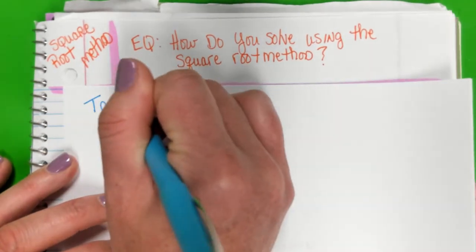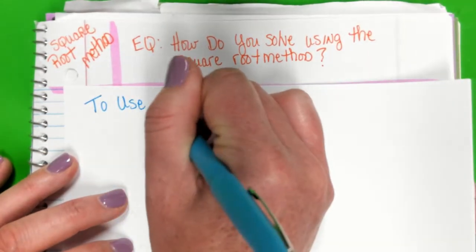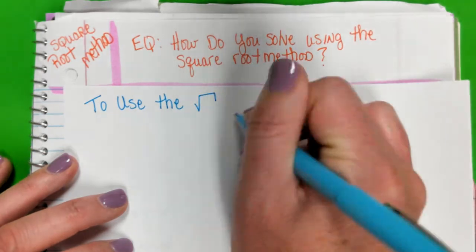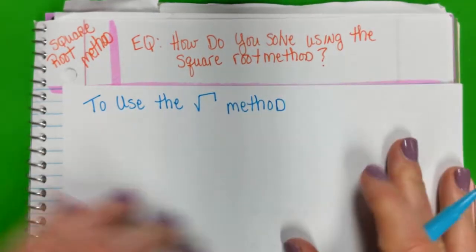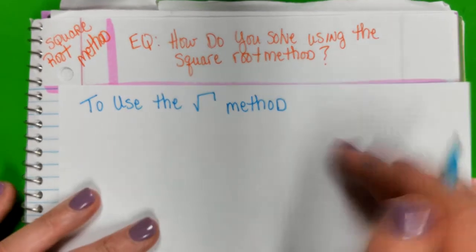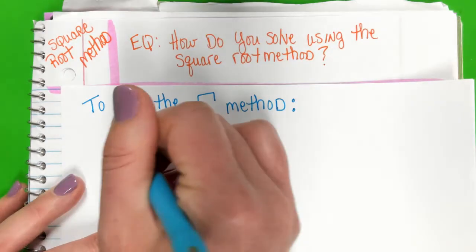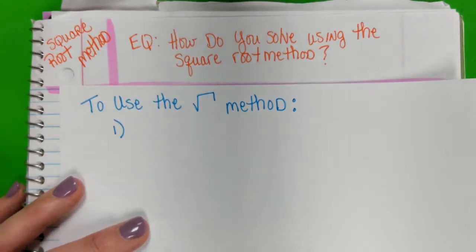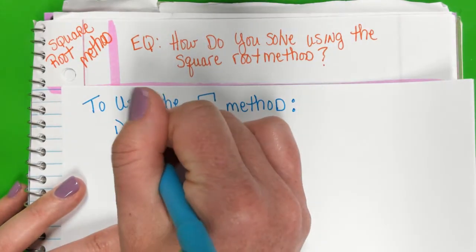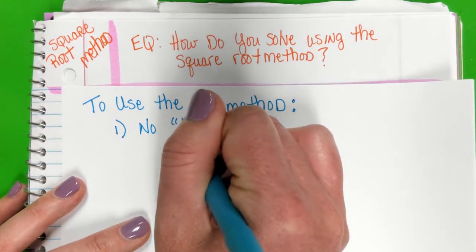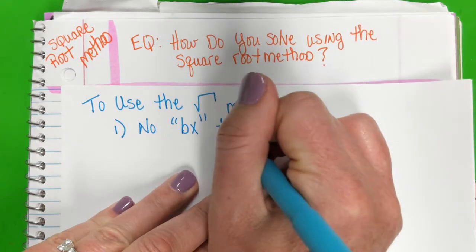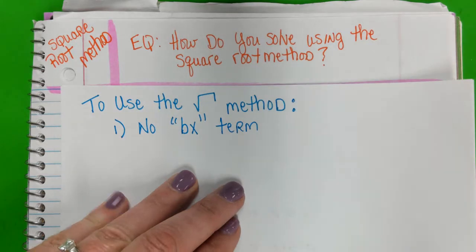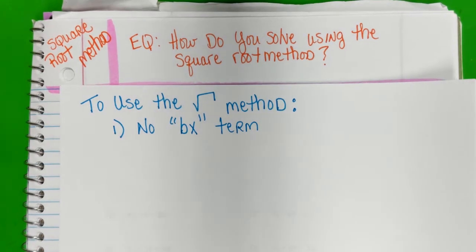Okay, so basically to use the square root method, first of all, there can be no bx term. So I can't have a term with x squared and a term with x.